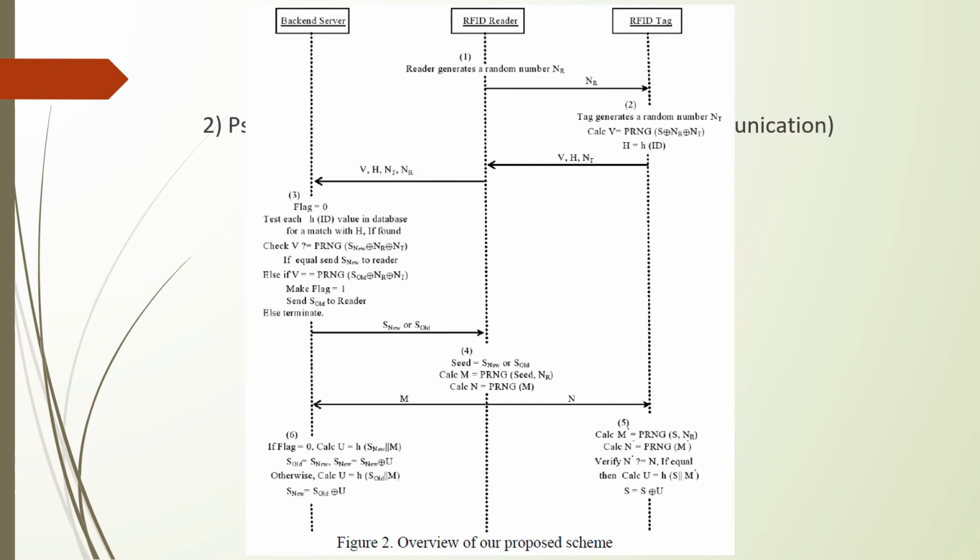PRNG(A) is a pseudo random number generator to find a random number with A as a seed value. PRNG(A, B) means a pseudo random number generator to find a pseudo random number B with A as a seed value. Double pipe means the function acts as string concatenation, and the circle outside the plus symbol is the XOR operator.